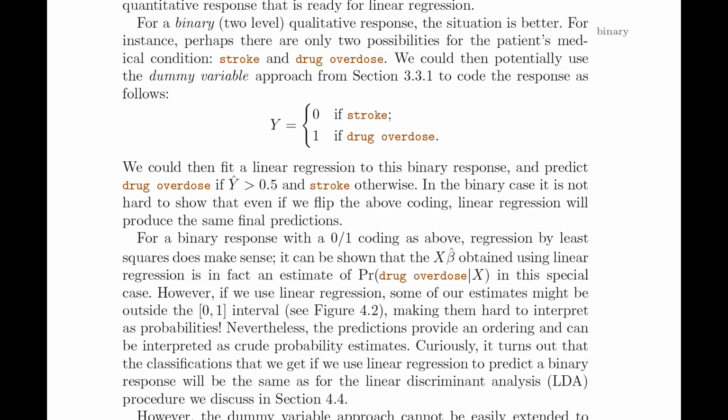In the binary case, it is not hard to show that even if we flip the above coding, linear regression will produce the same final predictions. For a binary response with a 0-1 coding as above, regression by least squares does make sense.